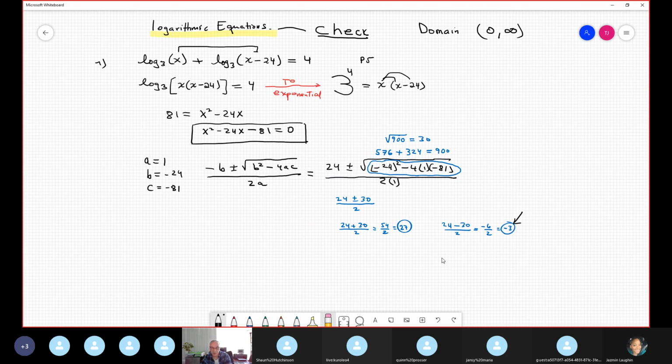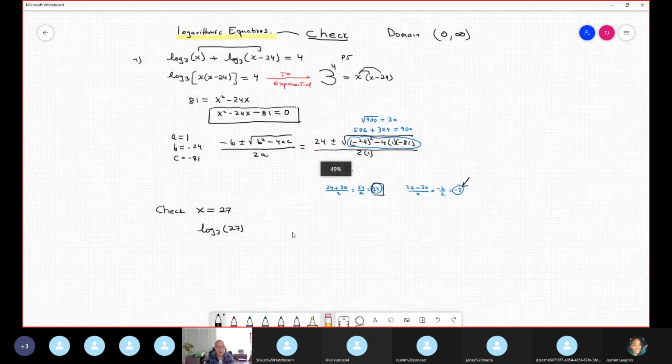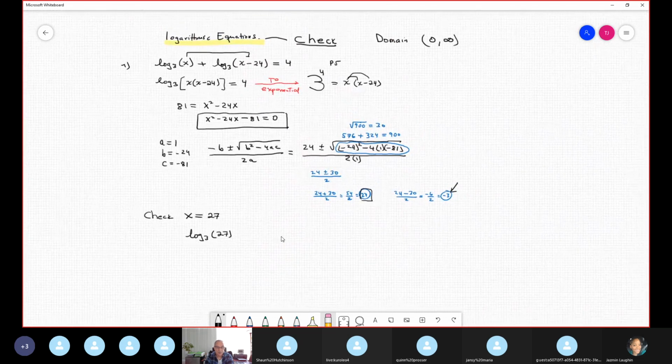But let me start with the clearer one, 27. I check x equal 27, to see if it's true or not. So basically, logarithm base 3 of 27. Now we practice a little bit the computation for the logarithm, with calculator or without calculator, either way that you prefer.